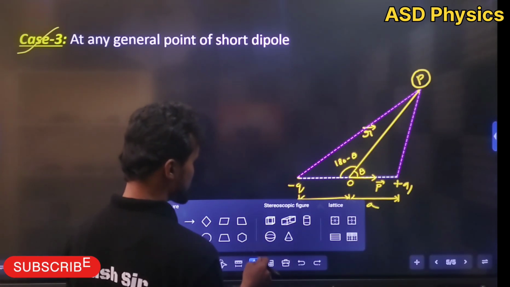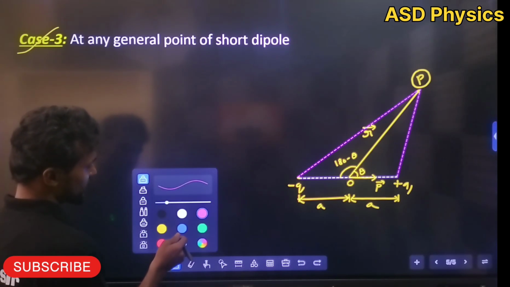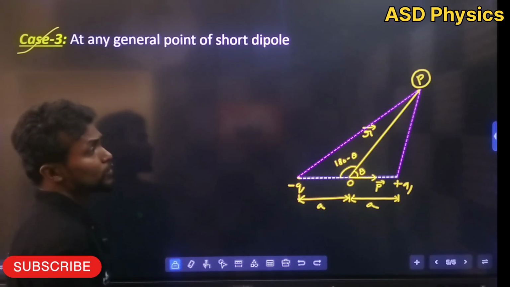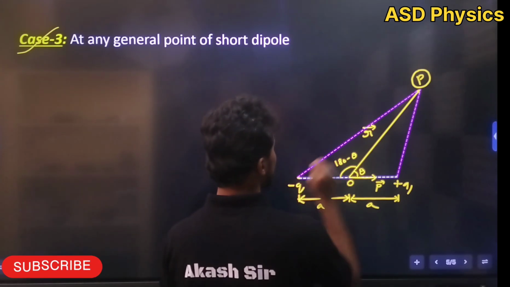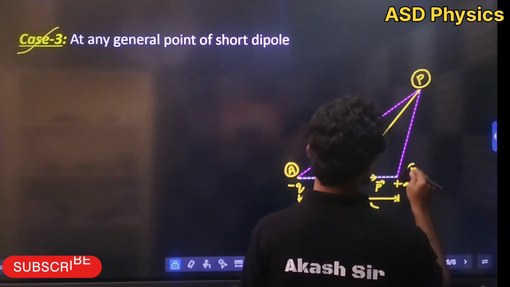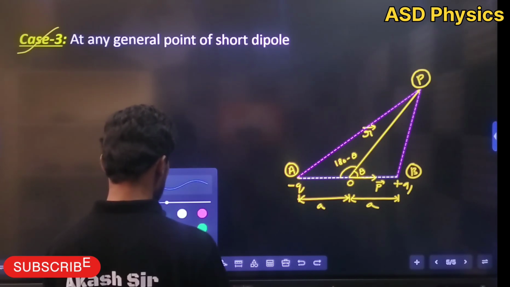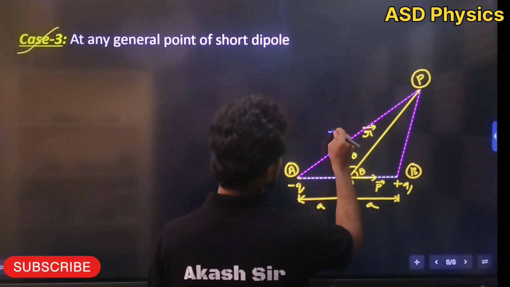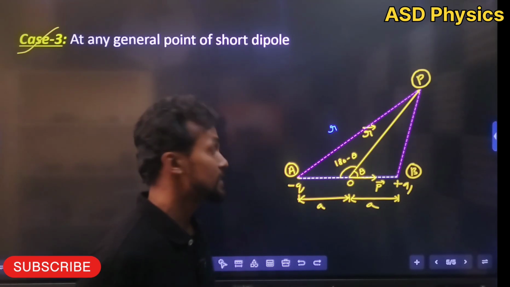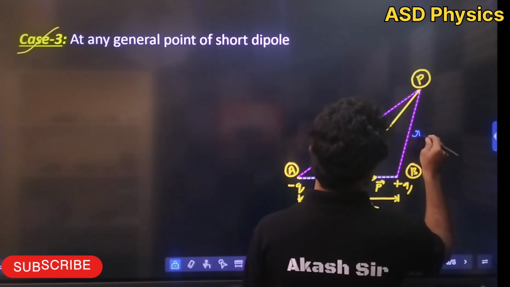Now students, you can see multiple triangles are forming, three triangles, but we are going to use two triangles here. This is P, let's take this point A and this point B, and let's take the distances: this distance R1 and this distance R2.